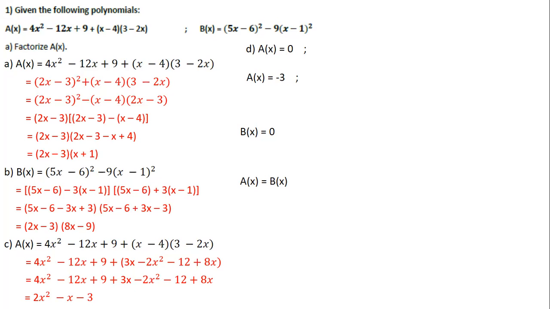Why? Because here I said solve a of x equals 0. Guys, whenever you see the word solve, solve means we should get the value of x in numbers. Here I didn't say x is equal to 0. Did I say, Amir, x is equal to 0 or a of x is equal to 0? A of x is equal to 0.